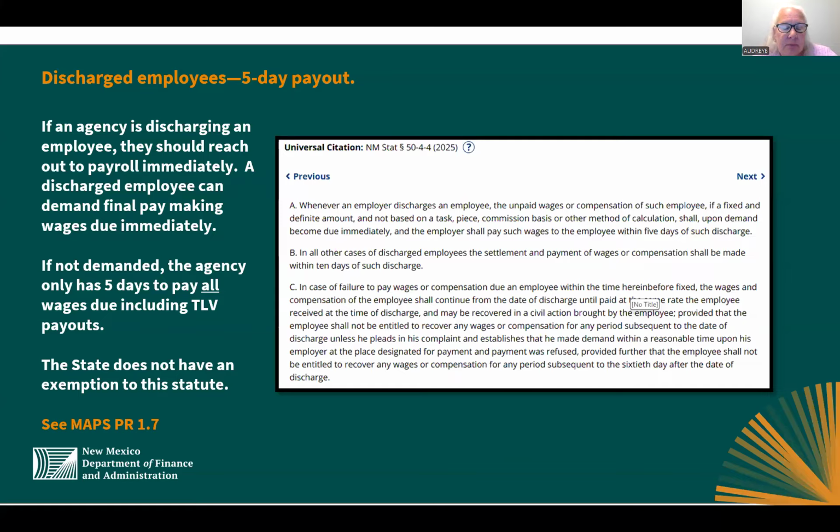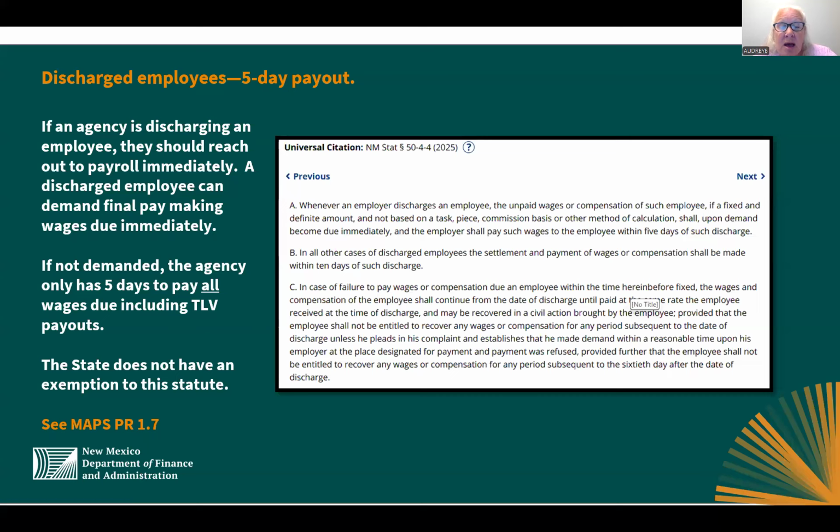I have had multiple conversations with DWS. The state of New Mexico does not have an exception to this rule. We are required to meet the upon demand requirements or the 5-day payout requirements of statute 54-4.